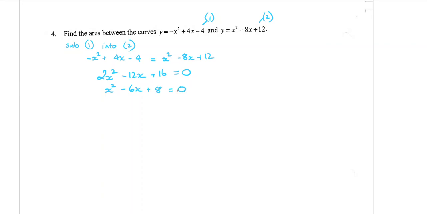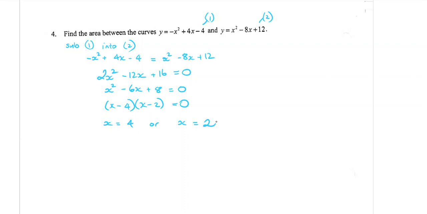Can I factorize it? Yes. What is it? Yes. Minus 4, minus 2. Which means from null factor that x equals 4 or x equals 2. What do I do next? Sub them back in.